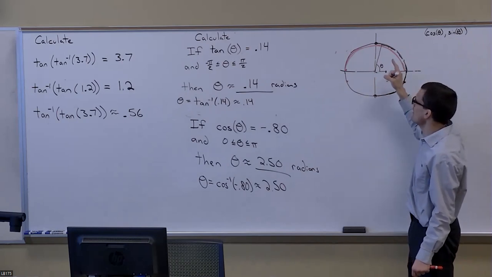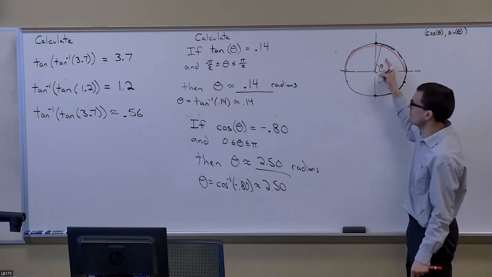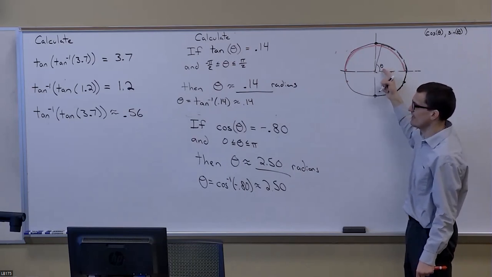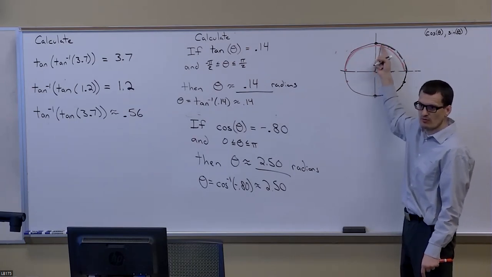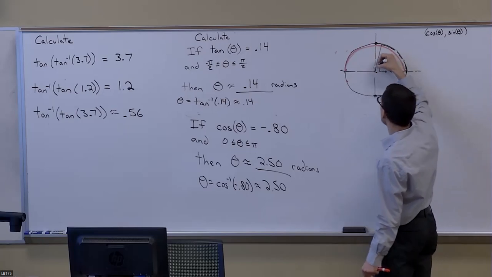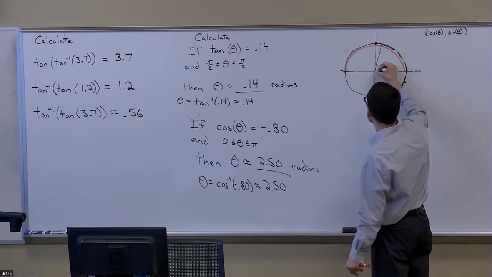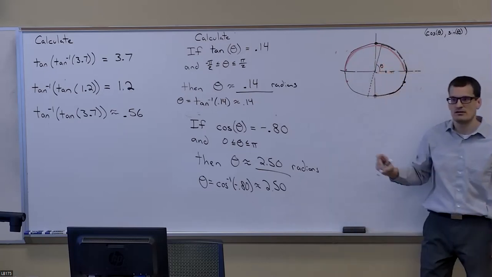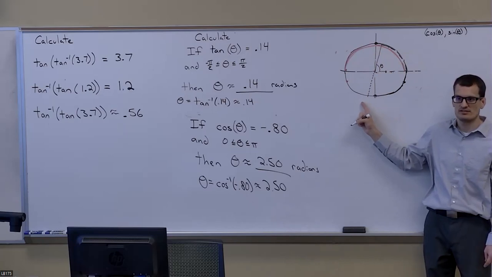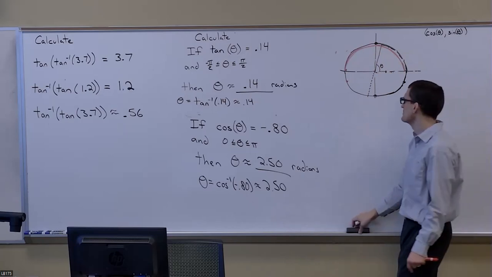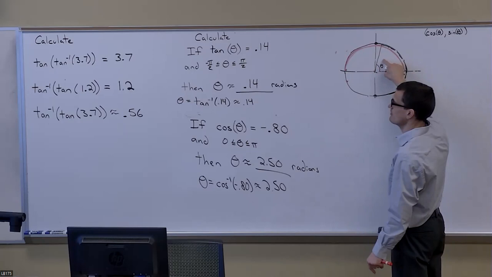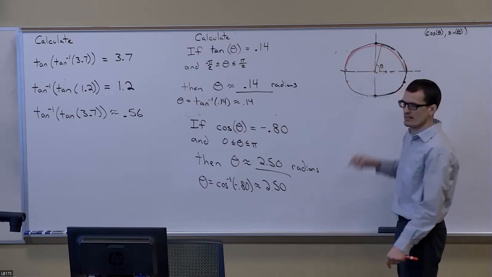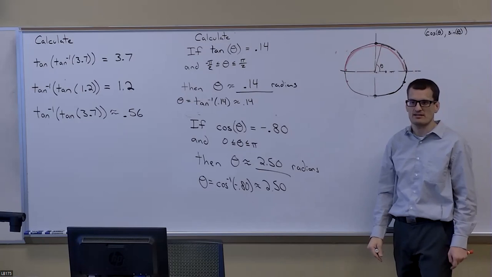So we're saying, what angle gives me 3.7? Let's just say angle theta does, and then what's the tangent of that angle? Well, it's got to be 3.7, right? There was another angle that gave me 3.7, and that other angle would have been down here. But I really don't have to worry about that other angle because an inverse tangent just gives me one of them, and then I take the tangent of that and I get 3.7 back.